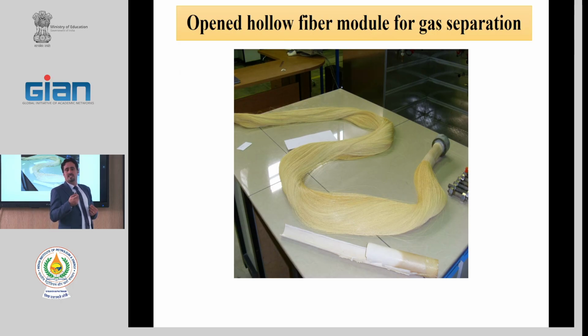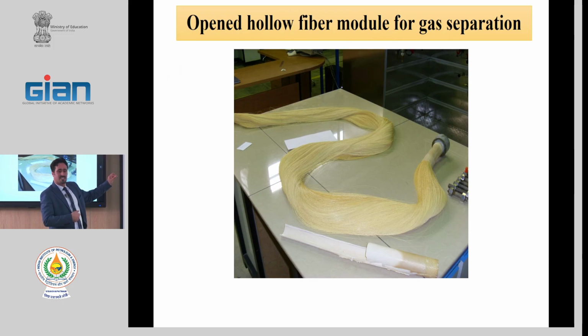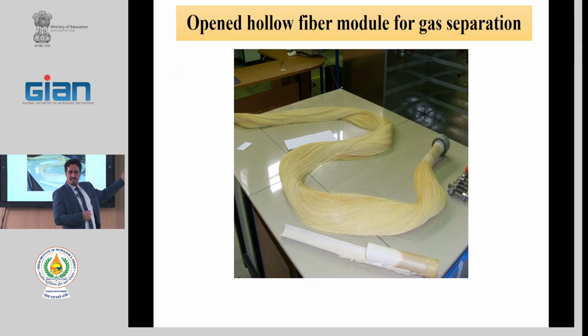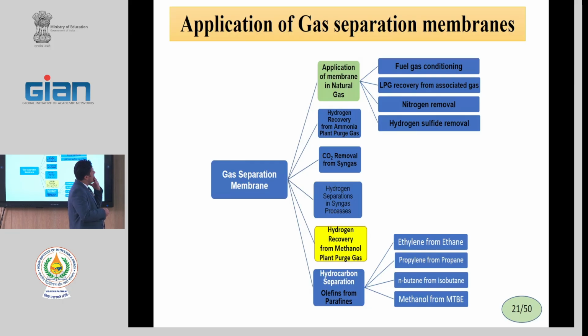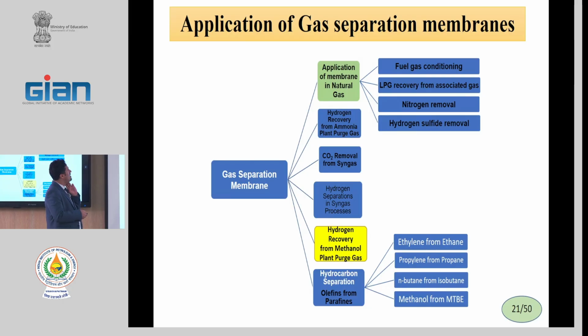In aging, the polymer changes from a flexible state to a brittle state. When I touch these hollow fibers, the membrane turns to powder, very, very brittle, and you cannot touch this membrane without destroying it. I will discuss these applications in lecture 9.